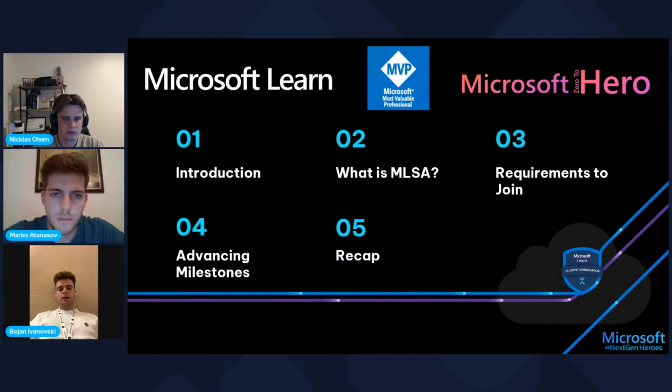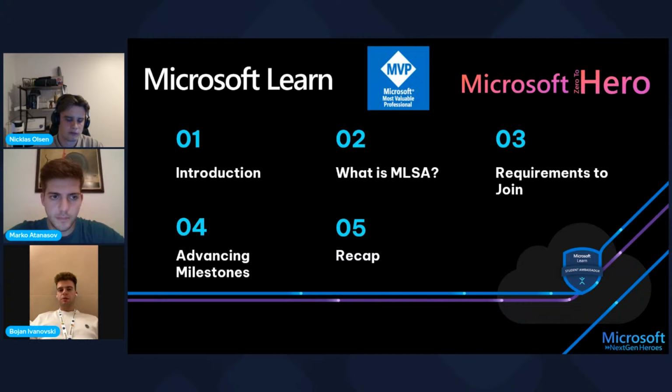With the agenda, the first thing that we'll have to do today is a proper introduction of all of us. So all of you who have missed the first session, now is the time to meet us again. The second section will be dedicated to what MLSA is, some general stuff around the program, and some interesting facts.